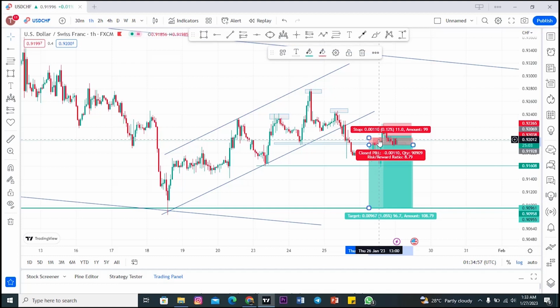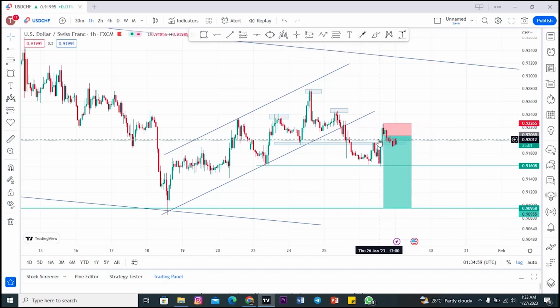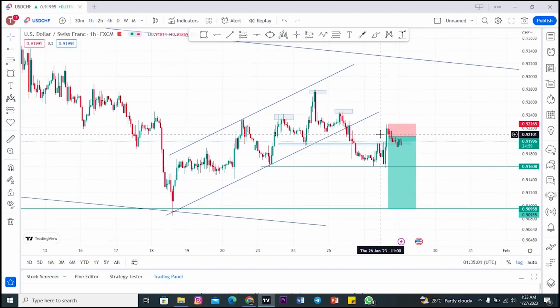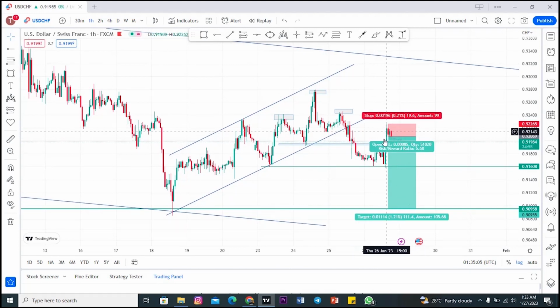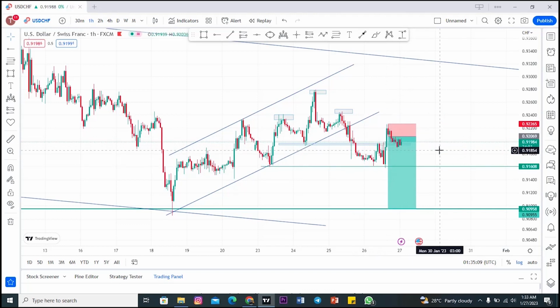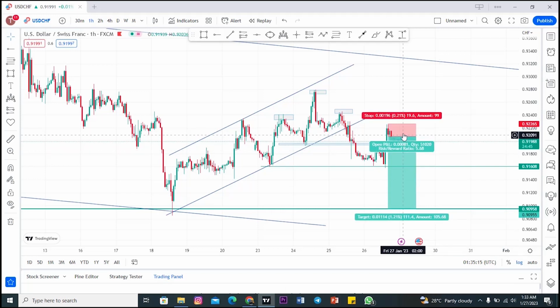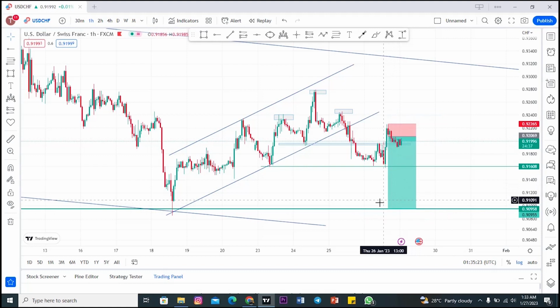So later in the day, in the later hours, I was able to catch this trade, and now this trade is currently running in profit. You can see my stop loss is placed very nicely and very tight, and I'm looking forward to price pushing all the way to this downside.